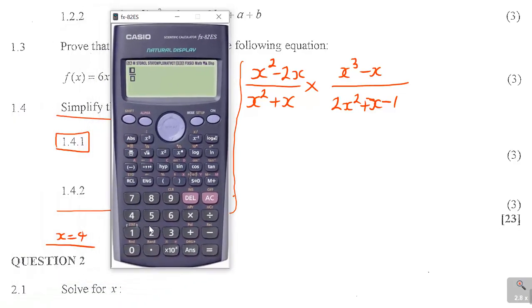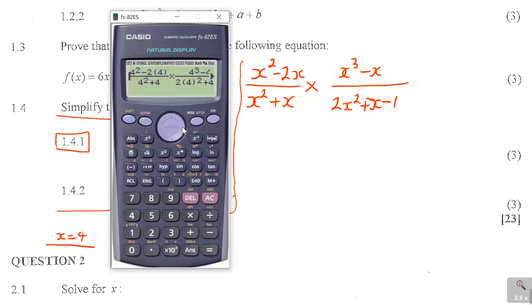So the first one will be 4 squared minus 4 into 4 all over 4 squared plus 4. Just need to be careful when you're entering these values. Times 4 cubed minus 4 over 2 times 4 squared plus 4 minus 1. Let's see what it gives. It gives 24 over 35.